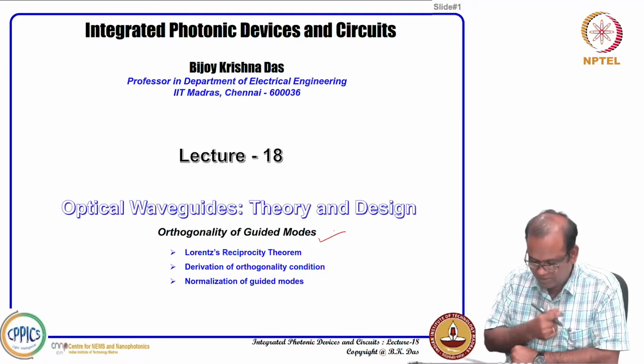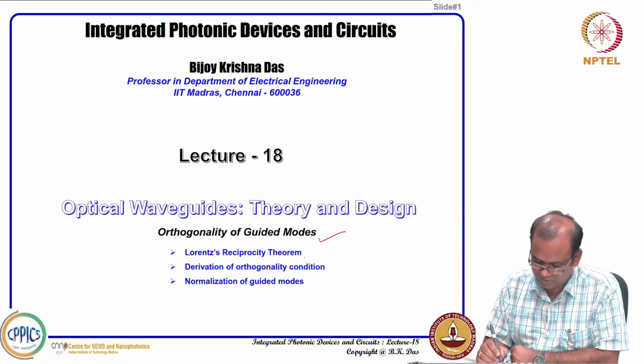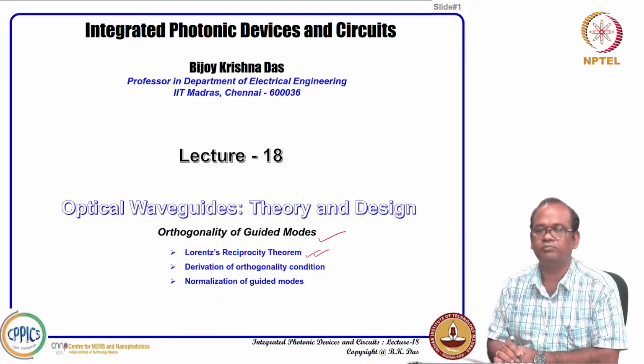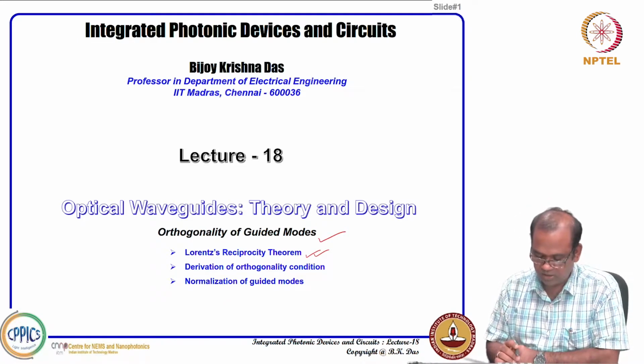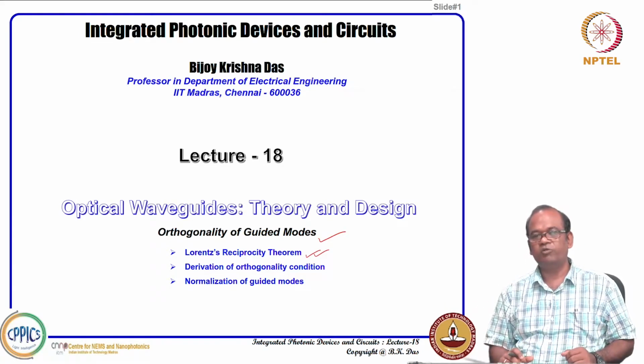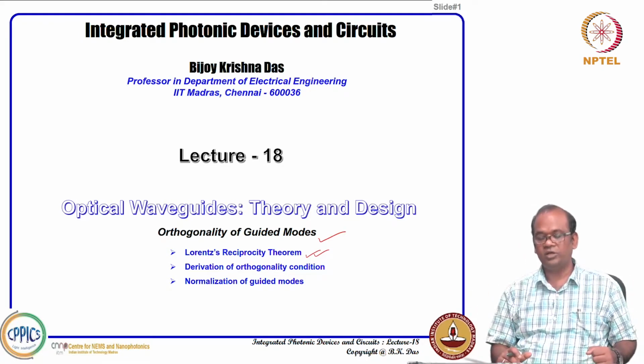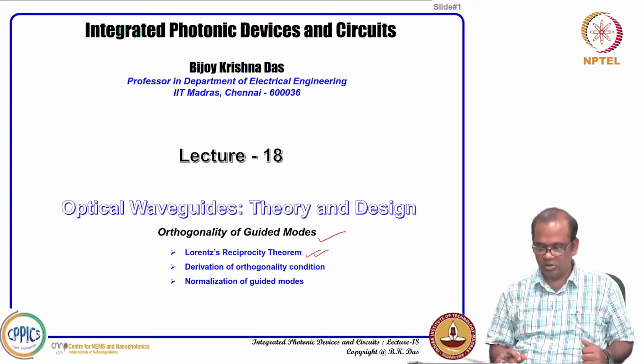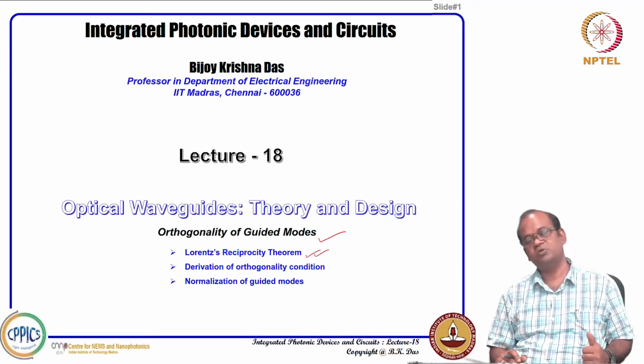Towards that direction, we first need to understand a very important aspect of electromagnetic theory, the Lorentz reciprocity theorem. You consider any two modes of an electromagnetic wave in a system, and we can show that any arbitrary two modes follow a certain relationship, known as the Lorentz reciprocity theorem.